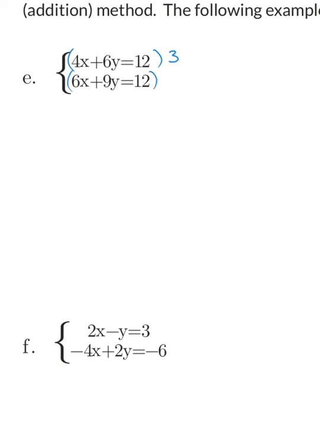I want to multiply my bottom equation by 2, and I do want one of them to be negative. I'm going to pick the bottom one. So if we go ahead and multiply through, we get 3 times 4x is 12x. 3 times 6y is 18y. And 3 times 12 is 36.